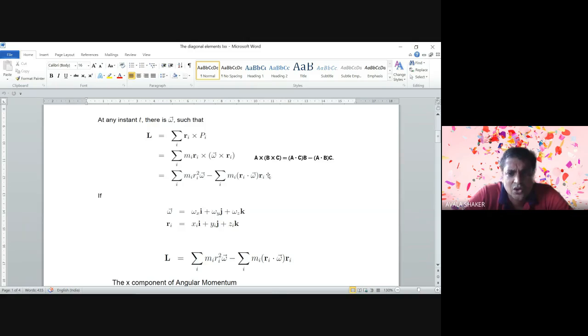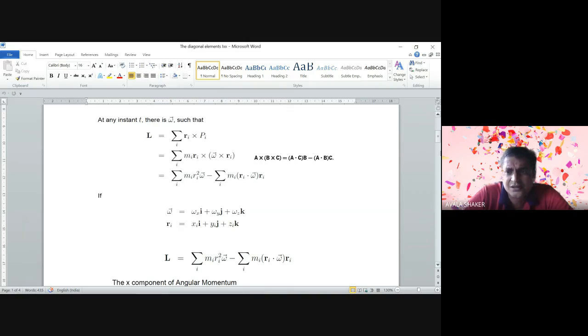Okay, so we use this expansion, a cross b cross c, and we can write this result, which will result in mi ri square omega minus mi ri dot omega into ri. I hope this is clear.